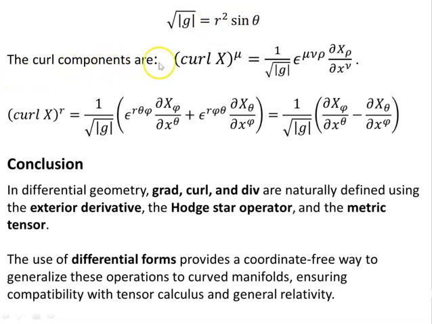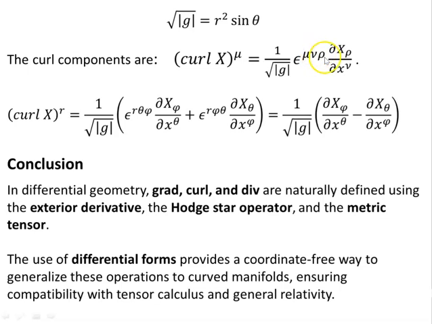The curl components are this, remember this, and just to give you the example here, if we wanted the r component, then we'll have this. We've got to put into the Levi-Civita symbol. Mu will be r, so mu, r, that'll be r as well. And then the only other components we've got are then theta and phi.